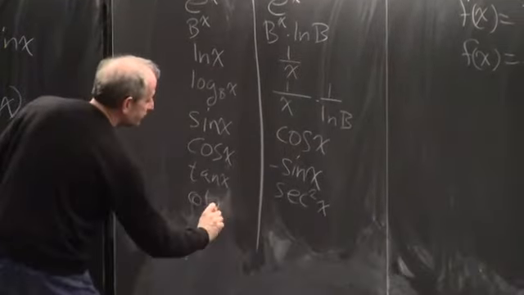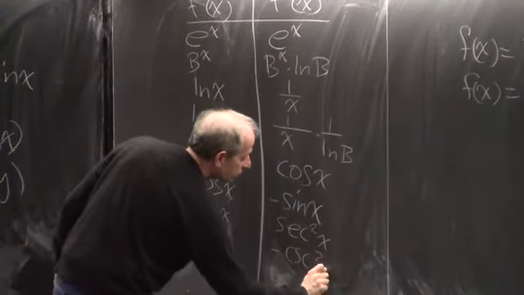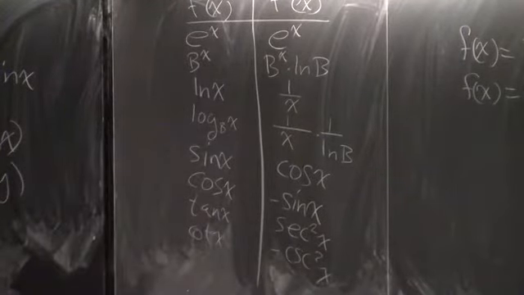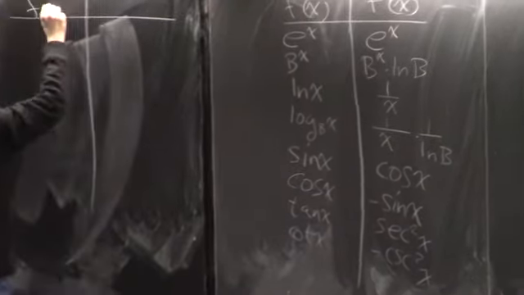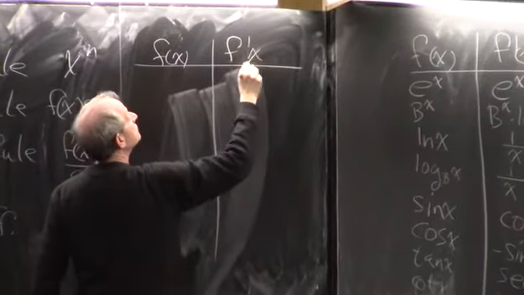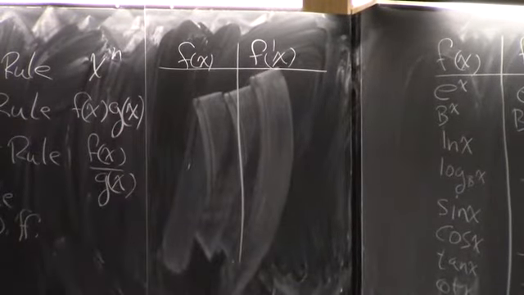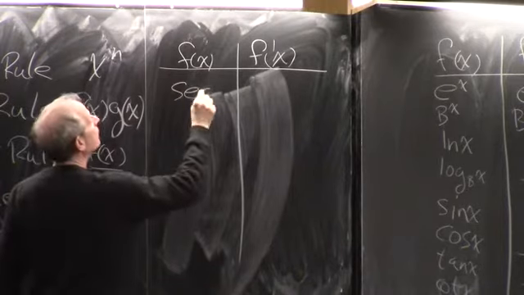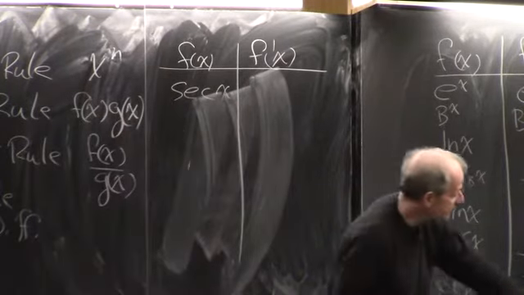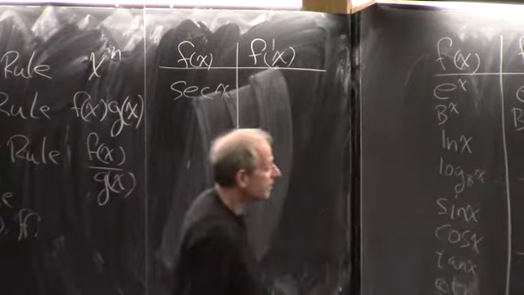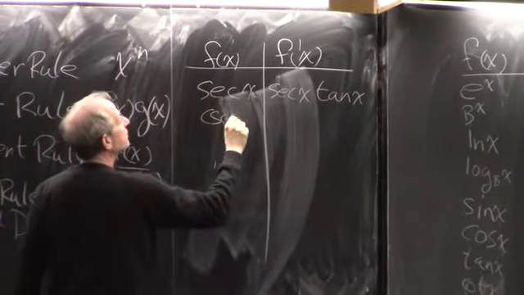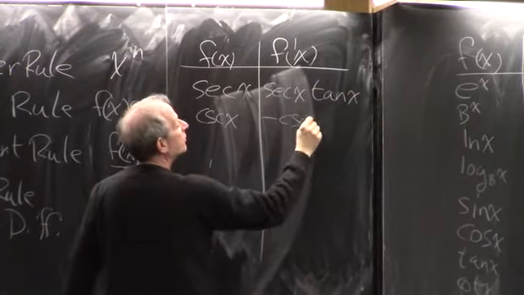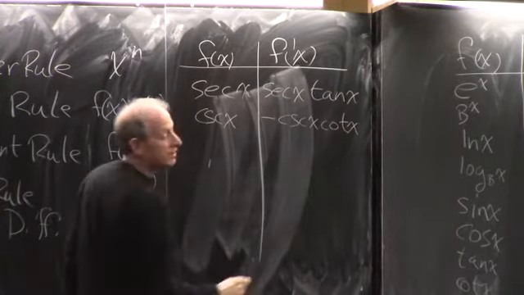The cotangent is negative cosecant squared. The derivative of secant is secant x tangent x. The derivative of cosecant, negative cosecant cotangent x.